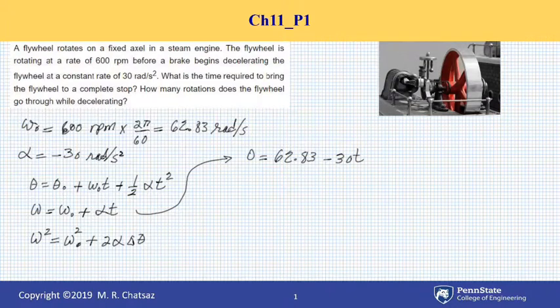So I have an equation with only one unknown, t. I can solve for it and divide 62.83 by 30 and get a numerical value of 2.09 seconds.